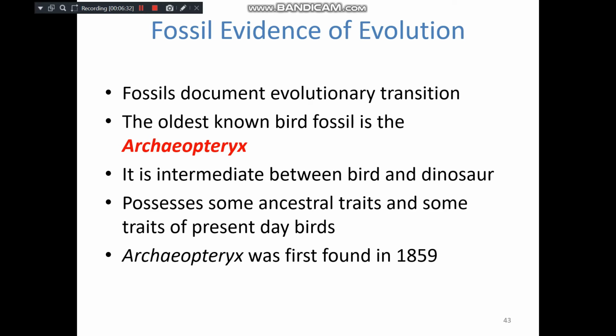So this Archaeopteryx was first found in 1859 as a fossil record, not a living one. Based on that, we justify that. Though we agree to the fact that birds have evolved from reptiles, where is the concrete evidence? Then in 1859, we got very concrete evidence in the form of the Archaeopteryx fossil.